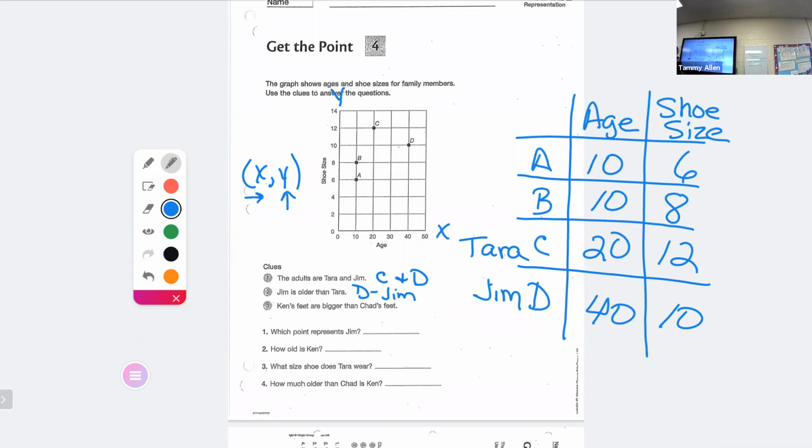Number 3, Ken's feet are bigger than Chad's feet. Ken's feet are bigger than Chad's feet. Jonathan. So his has to be D because his feet are bigger than Chad's. And Chad's is 8.